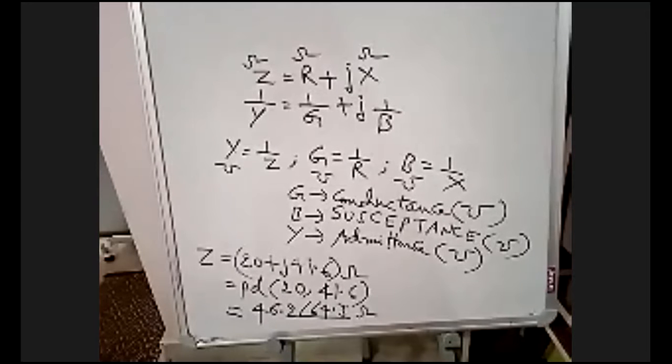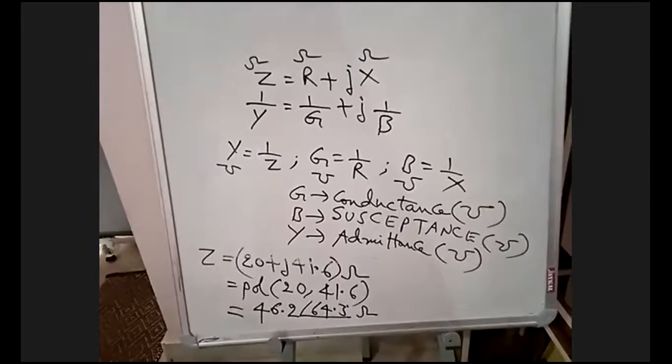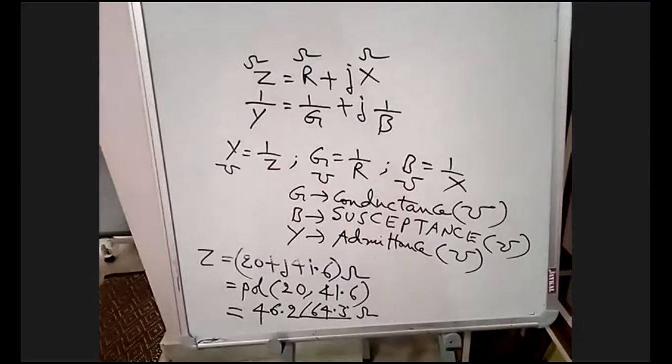Reactance, whether it is inductive reactance or capacitive reactance. Inverse of impedance is admittance, inverse of resistance is conductance, inverse of reactance is susceptance. And all the units will be reversed: Y is Siemens, G is Siemens, B is also Siemens.